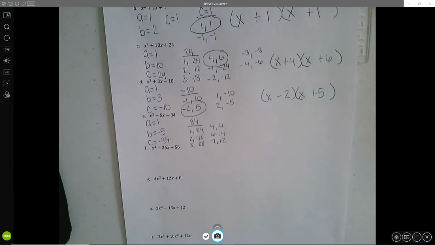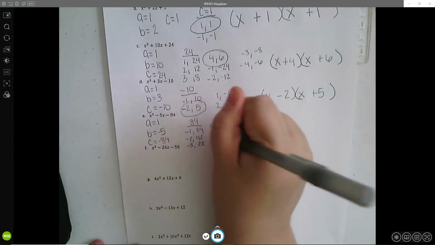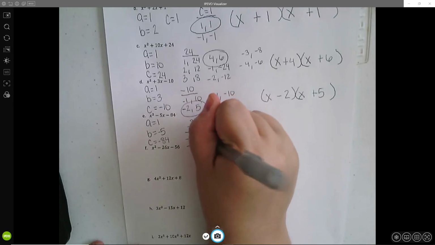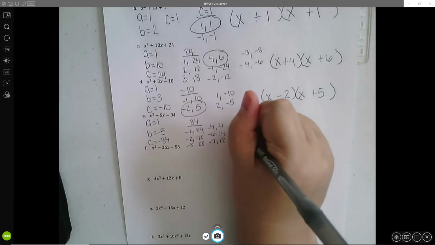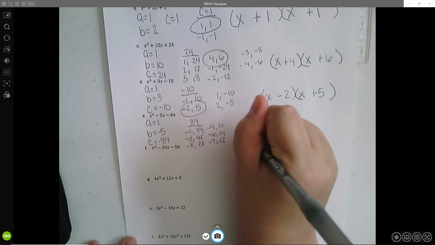Now, since C was negative again, I'm going to make all of my first numbers negative the first time I write them. Then when I write them again the second time, the second numbers are negative.